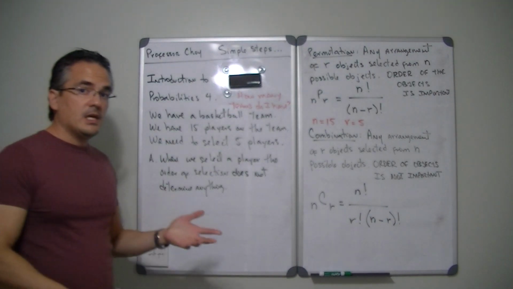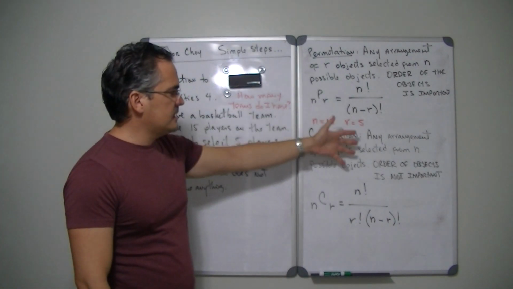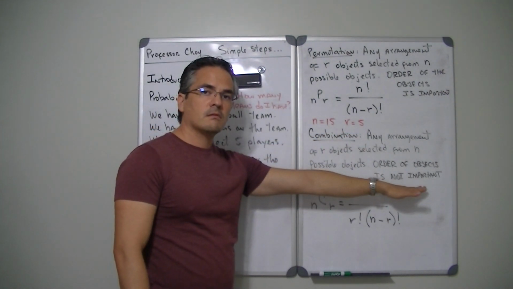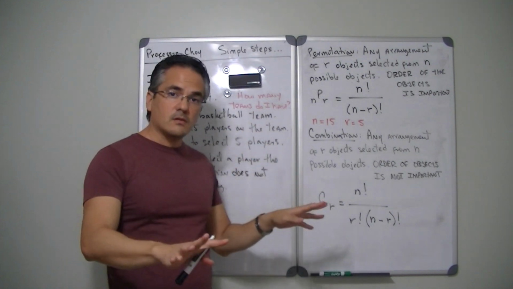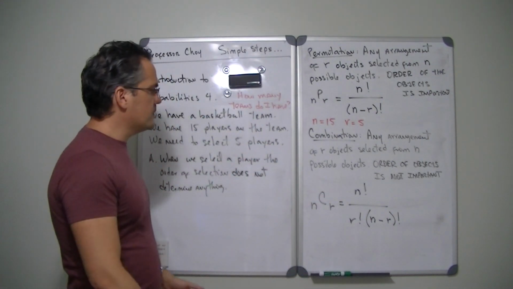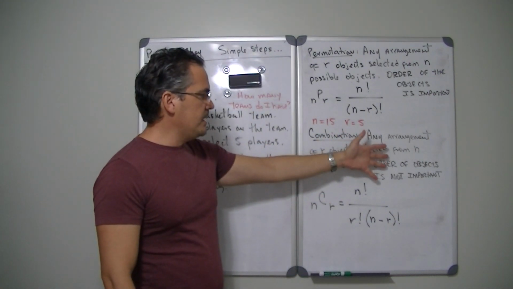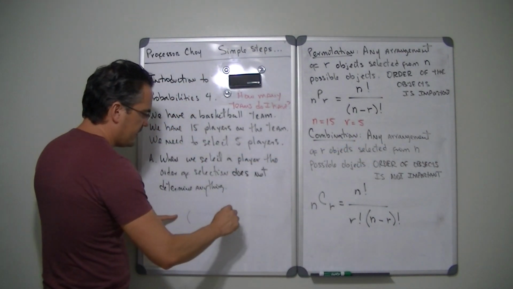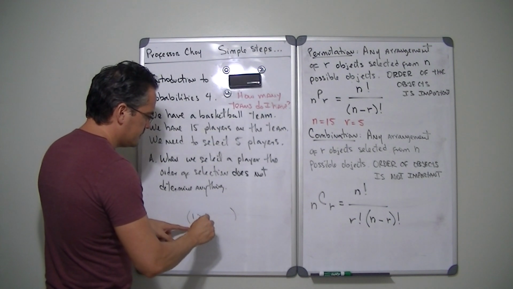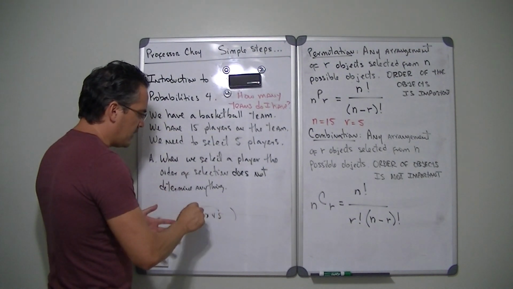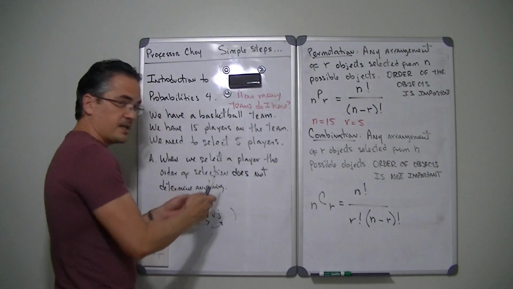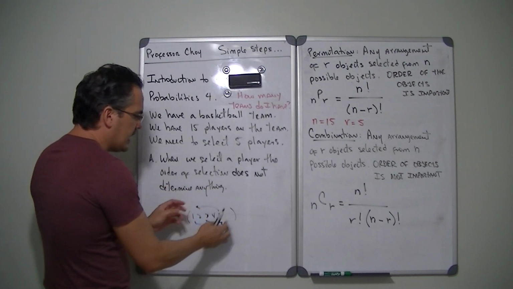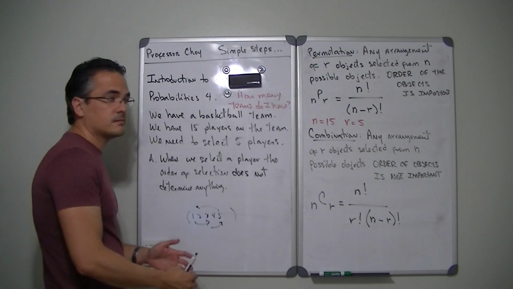Well, because the order of selection does not determine anything, in other words, the order of selection is not important, then the players can just flip around. But remember, each individual inside the 5 people that I pick on the team can move around. So they're not fixed in their position. So we're just asking ourselves the question of how many combinations of these can I have?